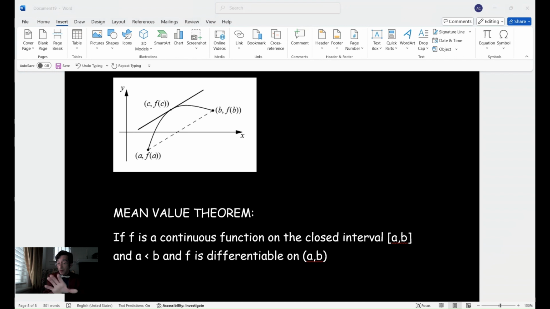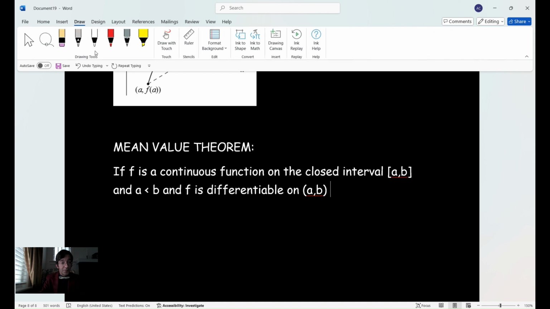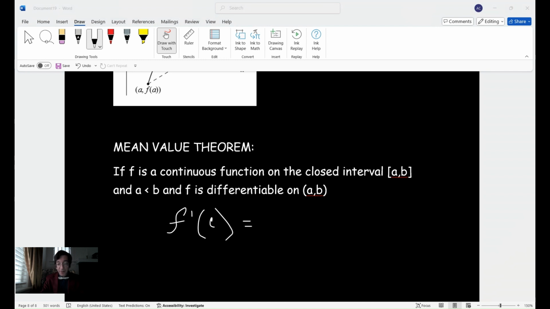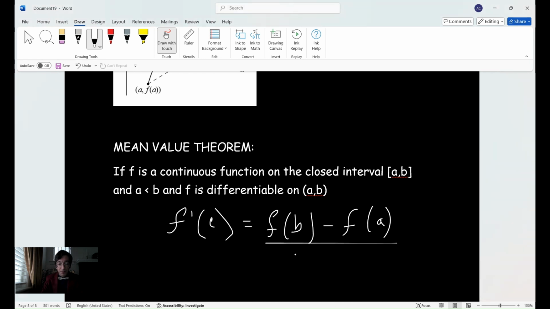So the theorem says that given these conditions, there exists some real number c such that f prime of c is equal to f of b minus f of a, all of this over b minus a.